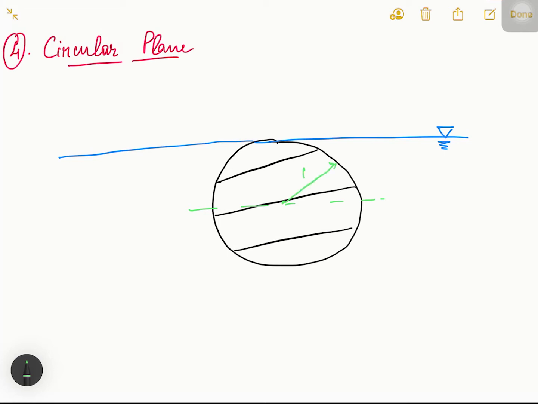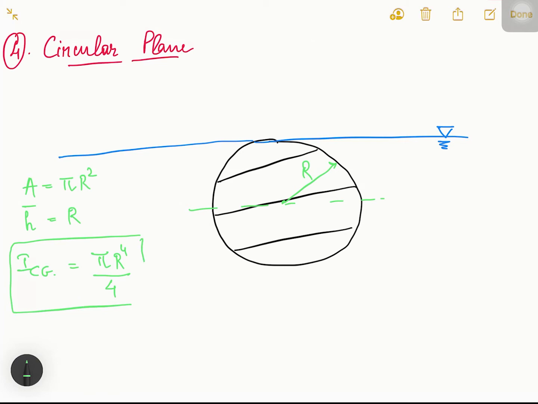The radius of the circle is capital R. So we can write down various values. Area will be pi r square. The h bar, the distance from the free surface, will be equal to the radius. The ICG value will be equal to pi r to the power 4 by 4.